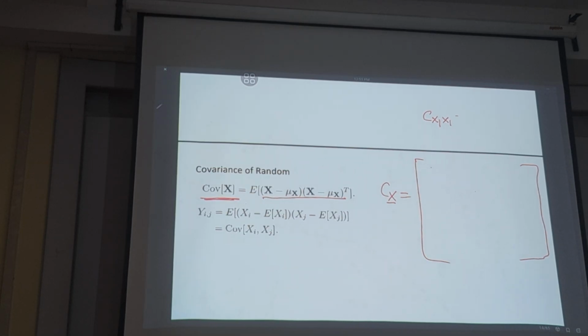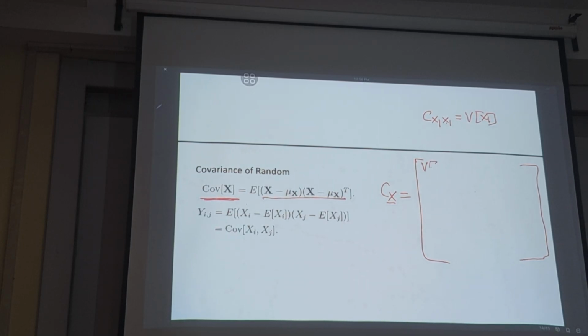So covariance of x1 with x1 is the variance of x1. Covariance of the random variable with itself gives you the variance of that random variable.